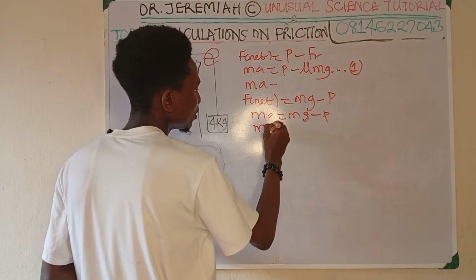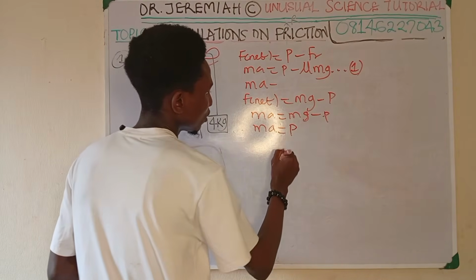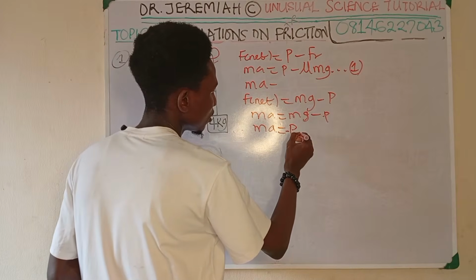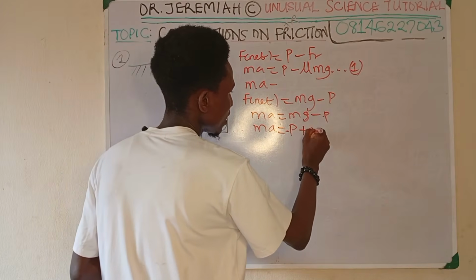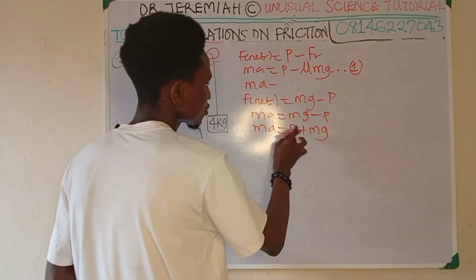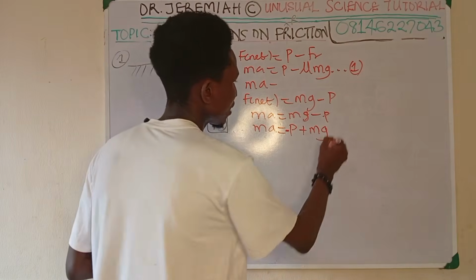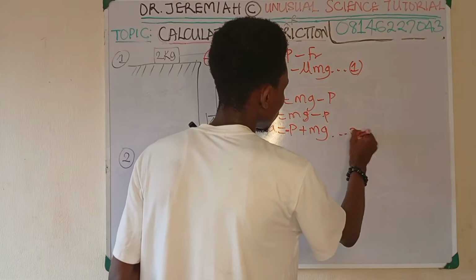So I'm going to say ma equal to minus P plus mg. Note that there's an invisible plus here, so we bring it to that again, minus P plus mg. So that gives us equation 2.